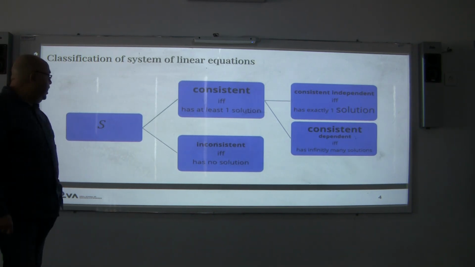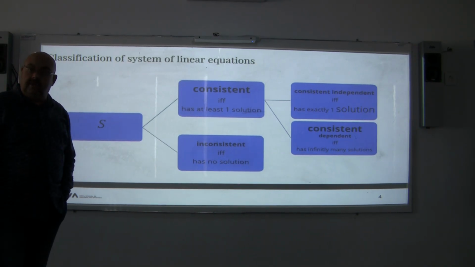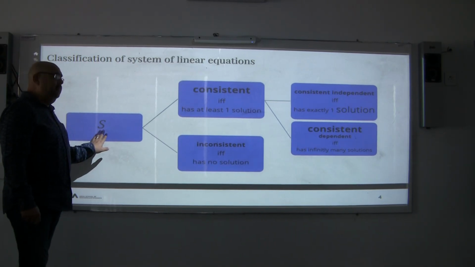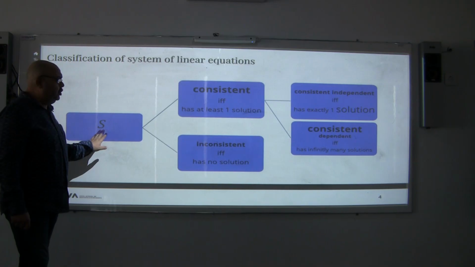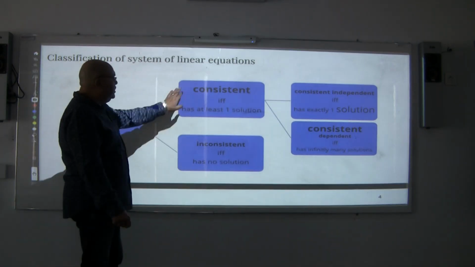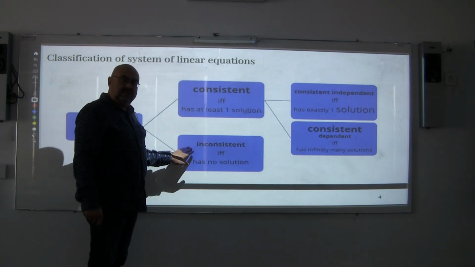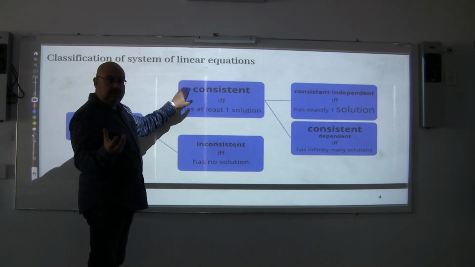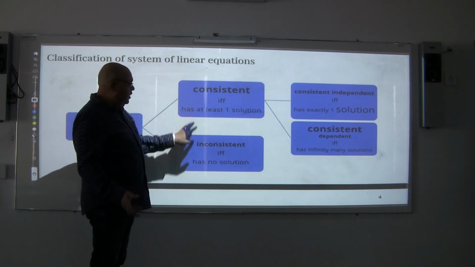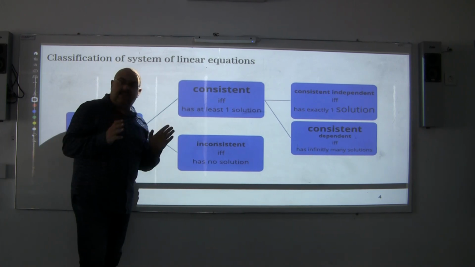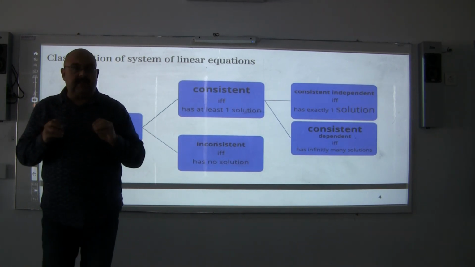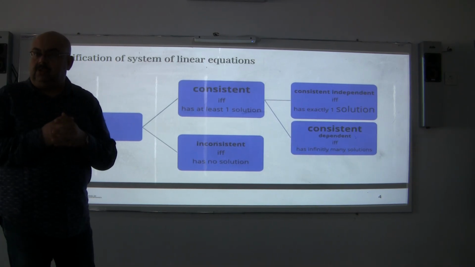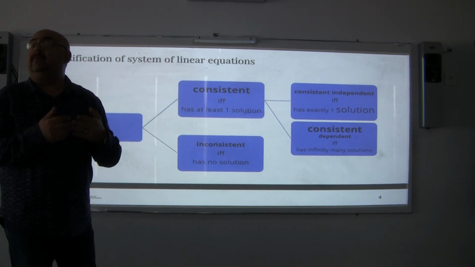It's the classification of a system of equations. We know that if you have a system of equations, the solution will be either a consistent or inconsistent system. A consistent system means your system will have a solution. An inconsistent system means the system of equations contains wrong information, not bound together, and cannot develop a solution.